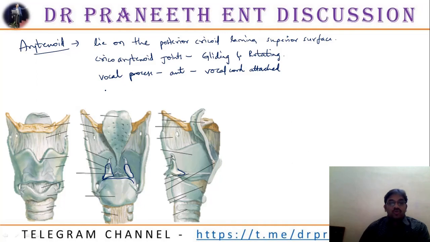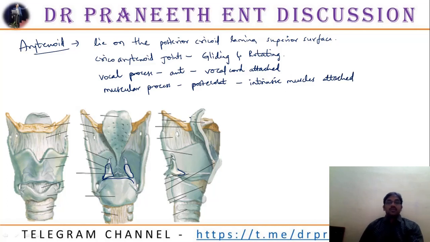And posterolaterally you have the muscular process, to which various intrinsic muscles are attached, right? So this is about the arytenoid. It has an apex, vocal process, muscular process, right?